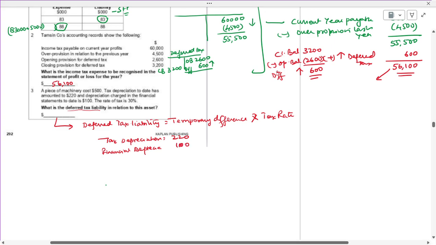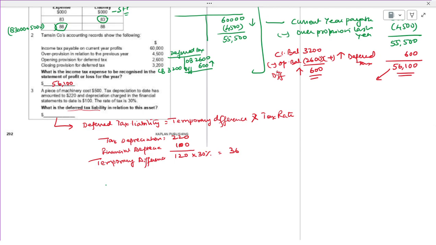How much is the difference we get? We get a difference of 120. This is called the temporary difference. Times the tax rate of 30%. It comes to 36. This is the deferred tax.